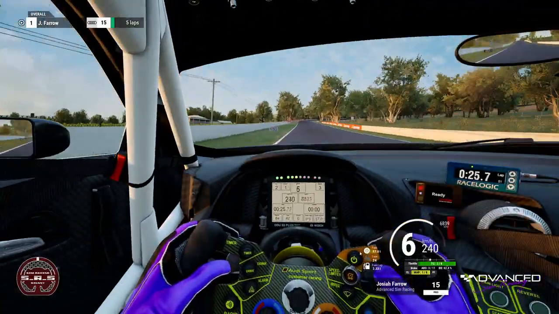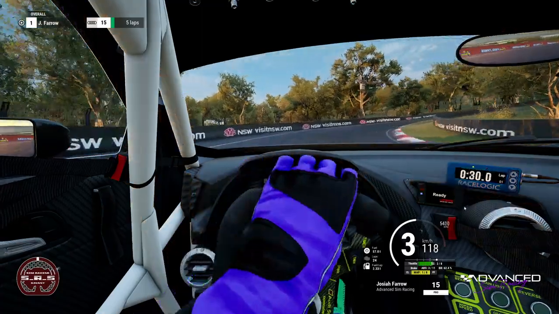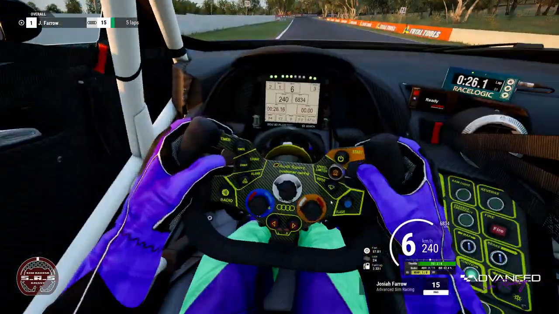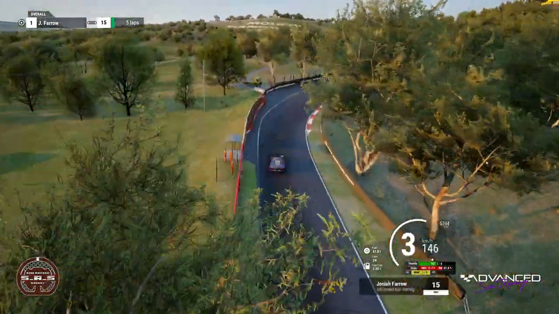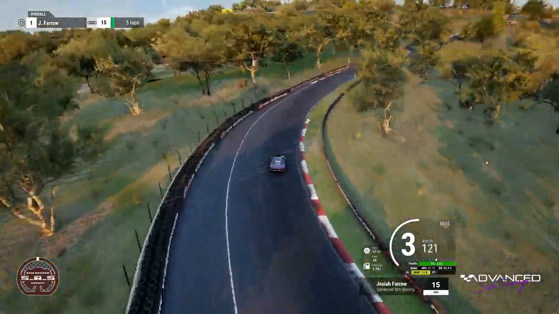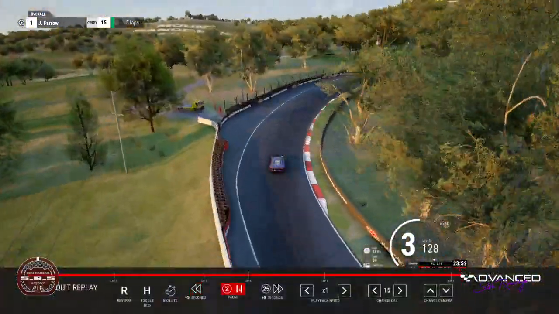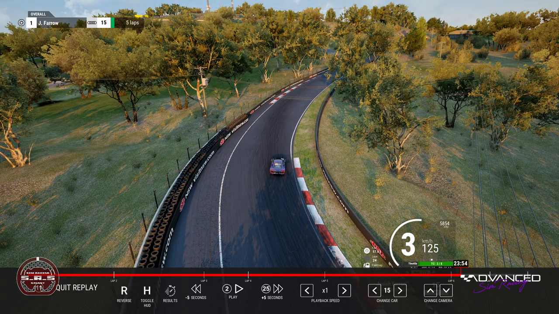Let's just see. Okay, so this was the opposite example. Perfect. So on this corner, look what happens. I really miss the apex, and by this point, I'd be way slower than if I had hit the apex.